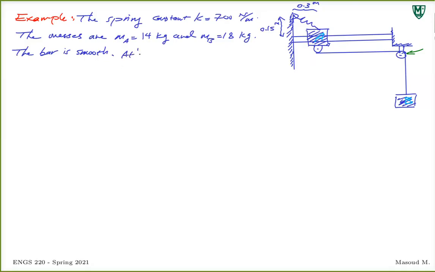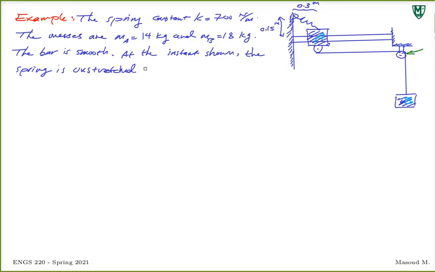At the instant shown, again, dynamical system, it matters at which moment we're looking at it. The spring is unstretched, right? So when we are in this position, the spring is unstretched. What else?